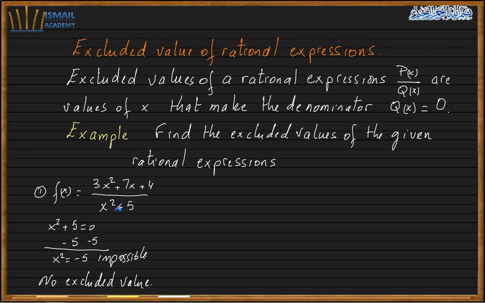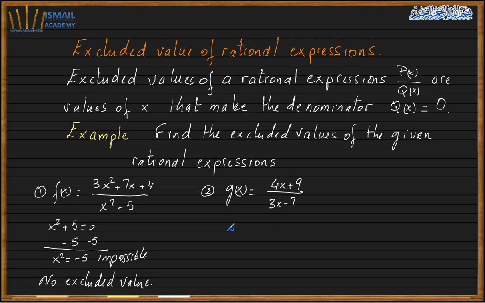For example number 2, suppose I have 4x over 3x minus 7. Again, to find the excluded value, I need to make the denominator 0. So I make 3x minus 7 equal 0, so 3x equals 7.